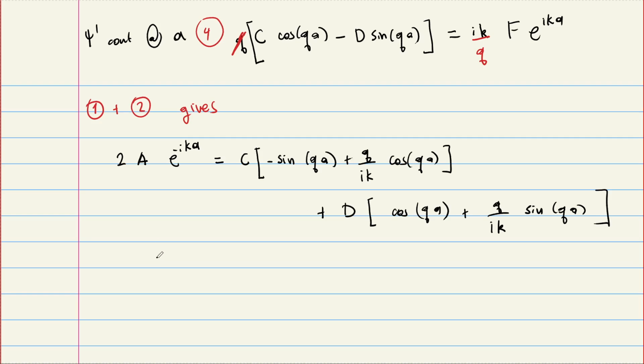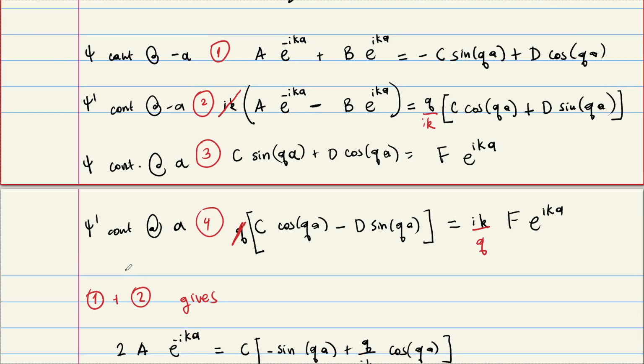Second move, you can see I have c times sine, d times cosine, c times cosine, d times sine. So if I multiply this equation with cosine, and if I multiply this equation with sine and take the difference, I'll have something for d.